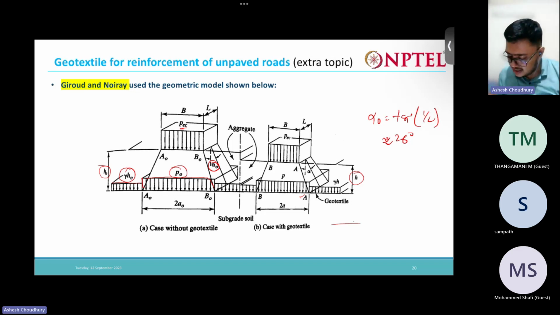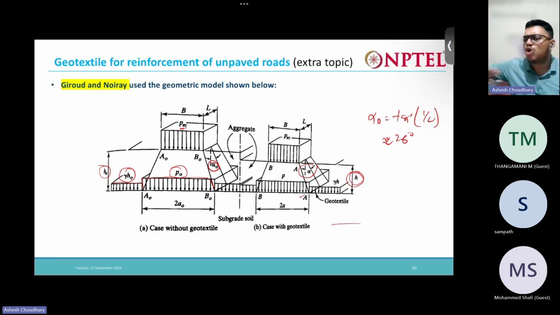When we're using the geotextile, this height is going to get reduced. So obviously, this overburden pressure will also reduce from gamma into H naught to gamma into H. And here this dispersion is at an angle of alpha. This alpha angle is actually not equal to alpha naught; in reality, it comes out a little bit larger.